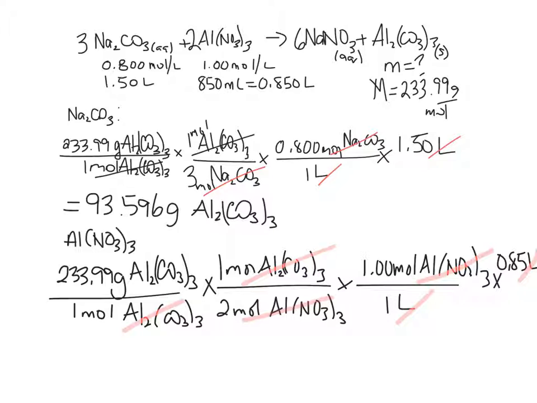So you're left with, in your calculator, you will take 233.99 times 1 times 1 times 0.85 divided by 1, divided by 2, divided by 1. And you will end up with 99.446 grams.